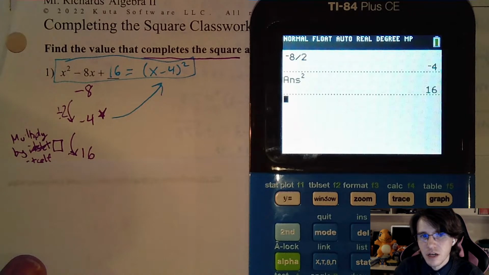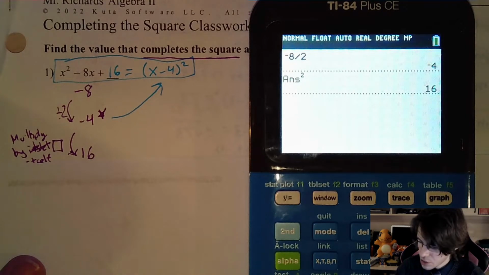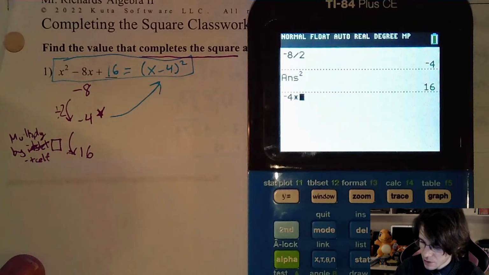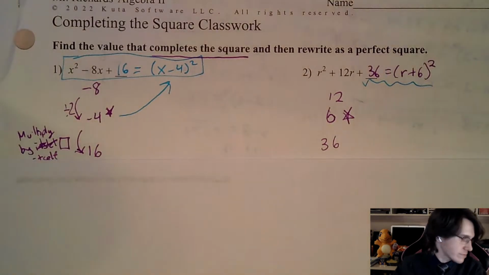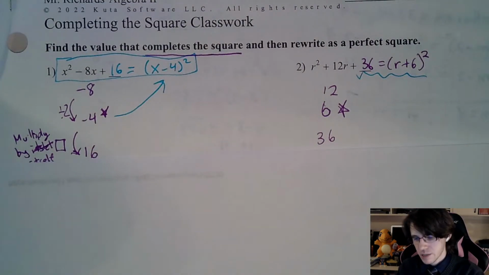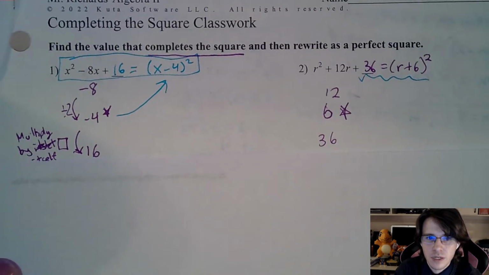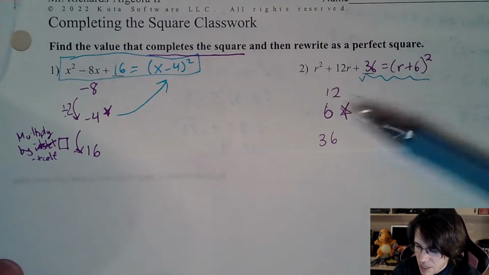You hit enter and it gives you 16, which is what that number is. So it's squaring the result for you. It's doing the -4 times -4, so you don't have to type all of it out. It'll just do the work for you. And if you need help practicing with the calculator, definitely ask me in school. I really recommend it.